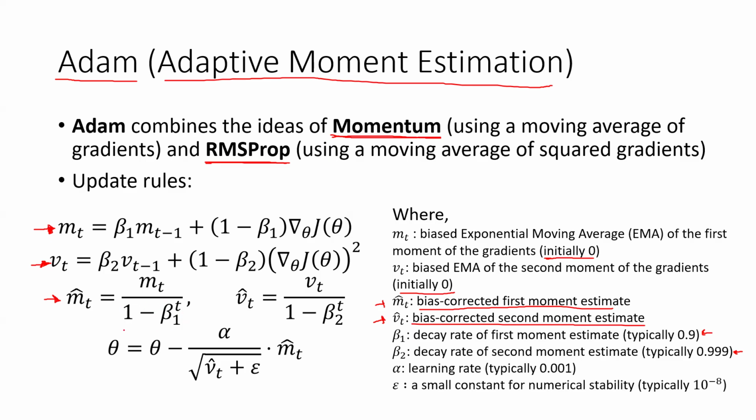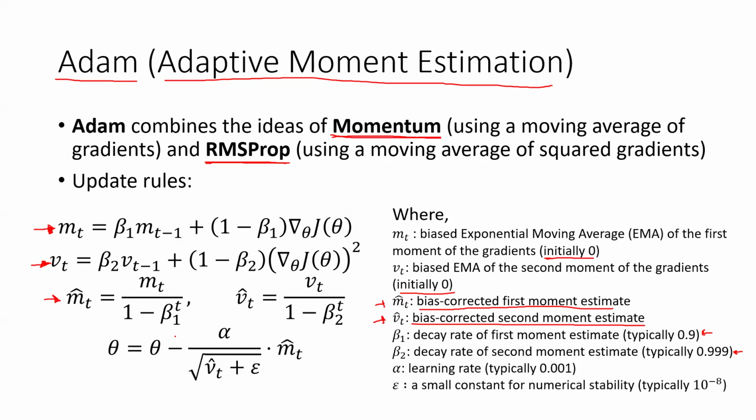So when this value is very small, this would be very high, right? But sorry, it would be the other way.